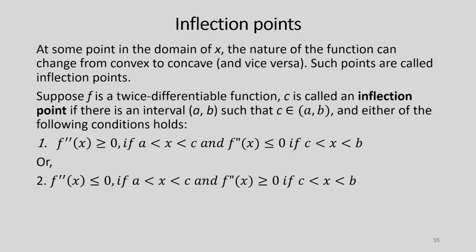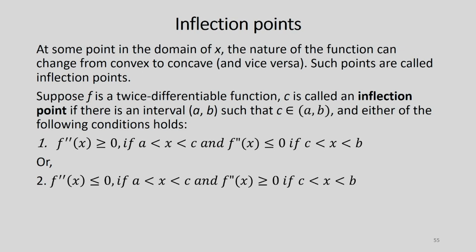Okay. So, this is the definition of an inflection point. And now we come to the technicalities. Suppose f is a twice differentiable function, then small c is called an inflection point if there is an interval a to b such that c belongs to that interval and either of the following conditions holds.